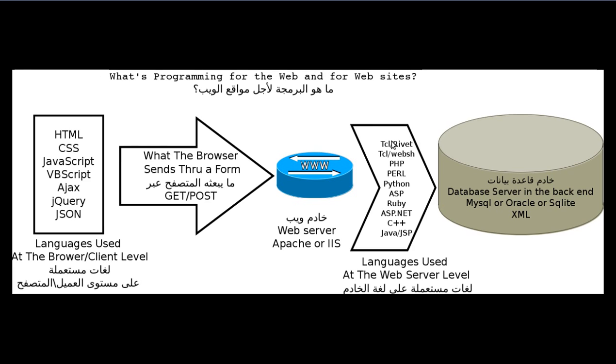So between the web server and the data source, the data source, as you see, can be a database server, okay, or it can be an XML file, okay, or some comma separated values file, which is like when you save the Excel file as a text file, where every field in your spreadsheet is separated by a semicolon.